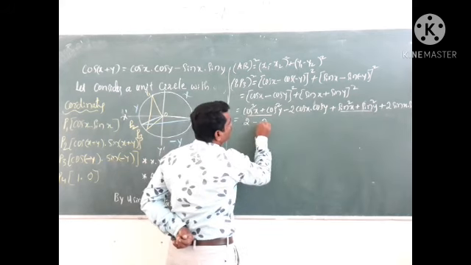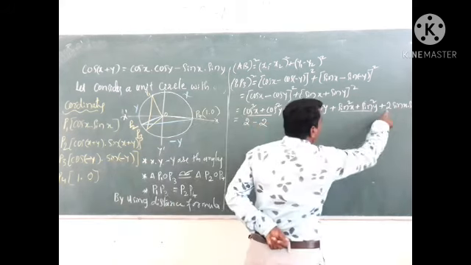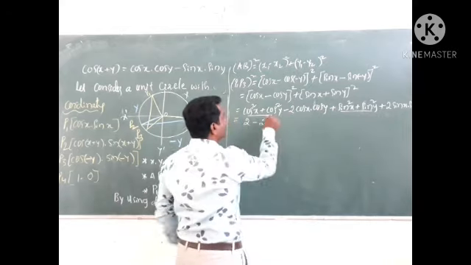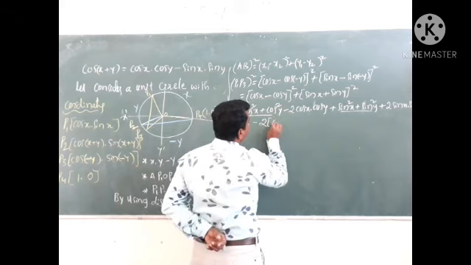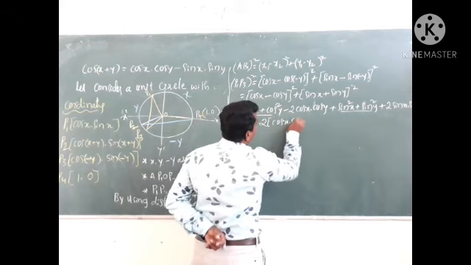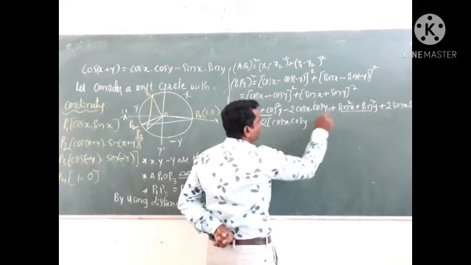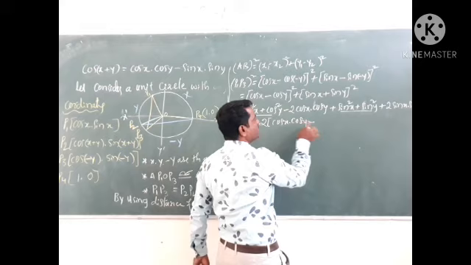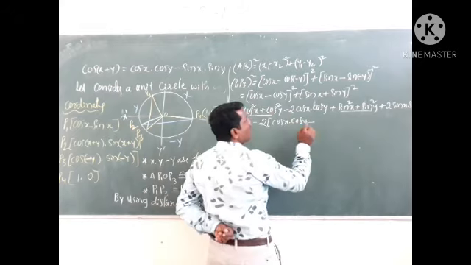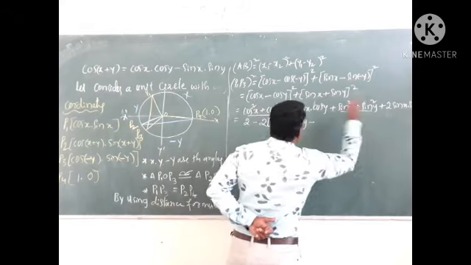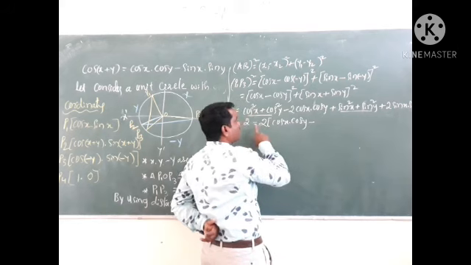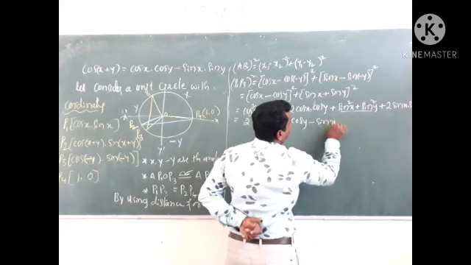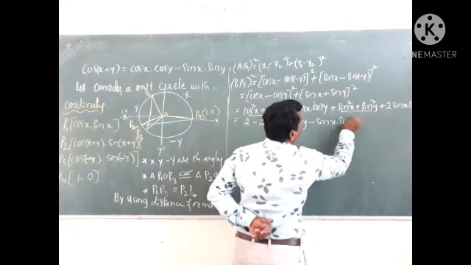Here minus 2 cos x cos y and plus 2 sin x sin y, so the 2 is outside: 2 minus 2 into (cos x cos y minus sin x sin y).